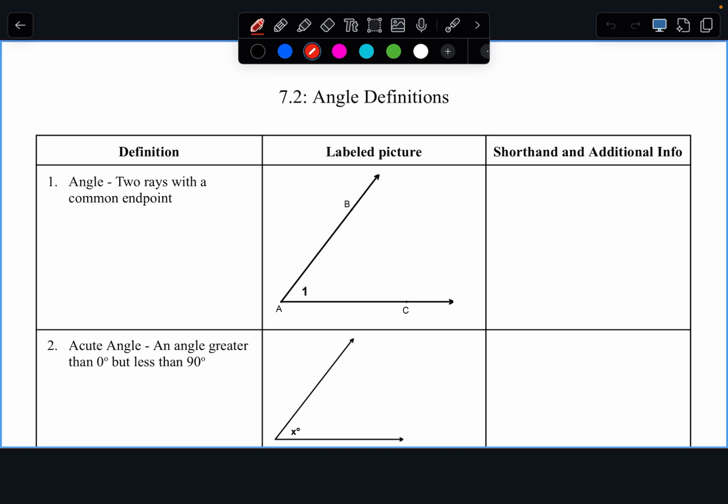Some ways that you can write this angle: you can write it as angle 1, angle A, angle B, A, C, because it's showing we're going from here to there, or angle C, A, B.